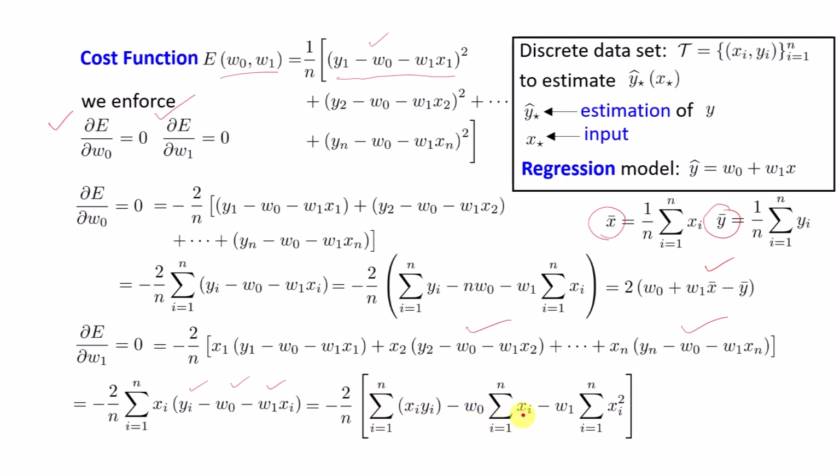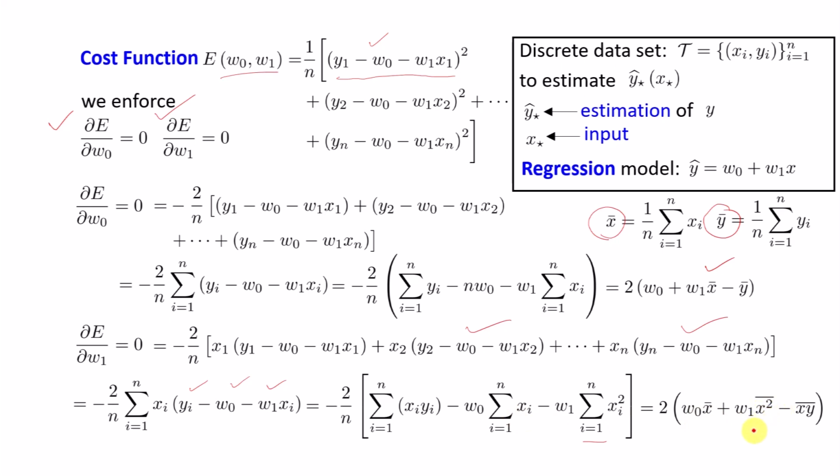Here again w0 can come out of the summation sign, and I goes from 1 to n xi. w1 comes out and it becomes, within the summation sign, xi square. So just like we were writing here as average, we can write here 2 times w0 x bar, because 1 by n summation of xi will give me x bar. So w0 x bar, similarly w1 x square bar.